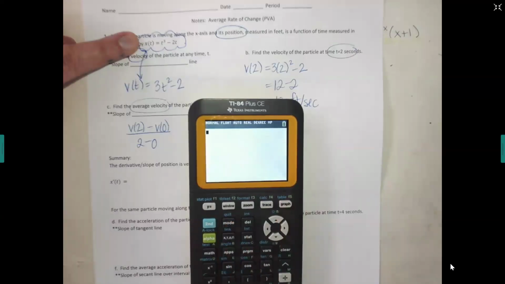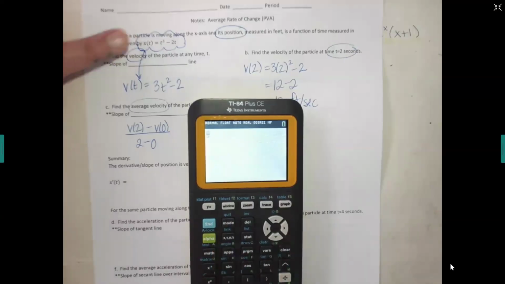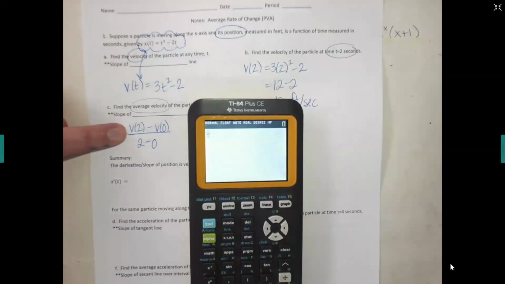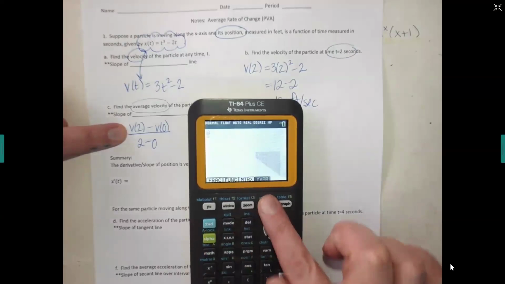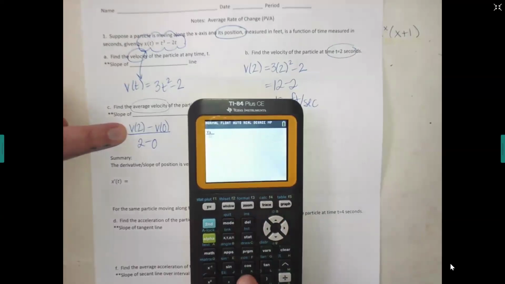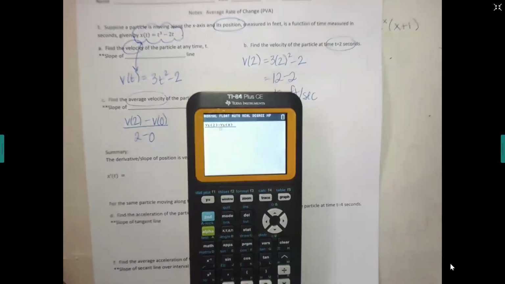Okay, I want you to hit alpha x to open your pretty fraction. And then in order for you to find the y value at 2, you're going to hit alpha trace y1 at 2 minus alpha trace y1 at 0. And what that's going to do is find the y value for you at 2, find the y value for you at 0, and then subtract them.